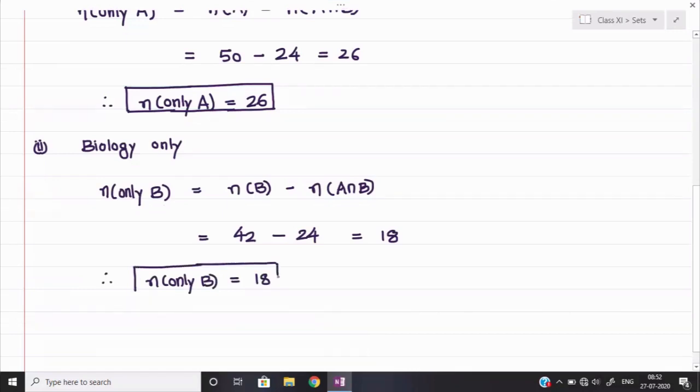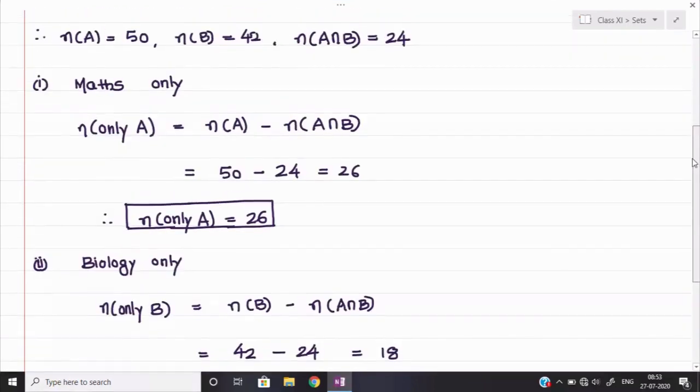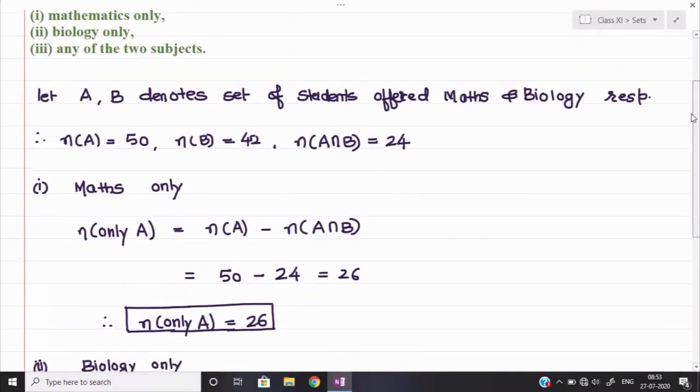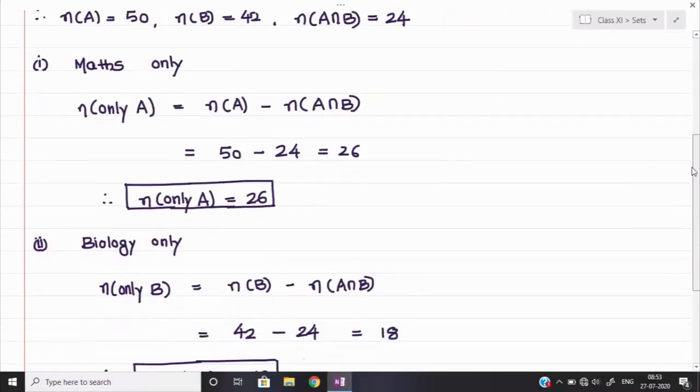I hope you are finding this question, at least up till now, simple. Now let us see the part number third. In the part number third, as I made clear earlier, they are asking the union. What they are asking? Any of the two subjects.